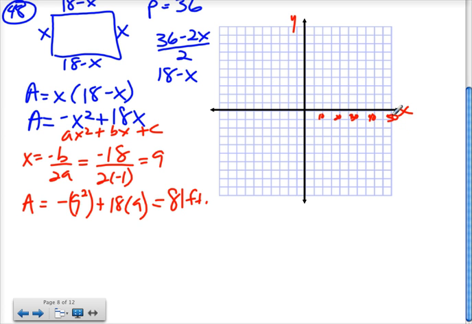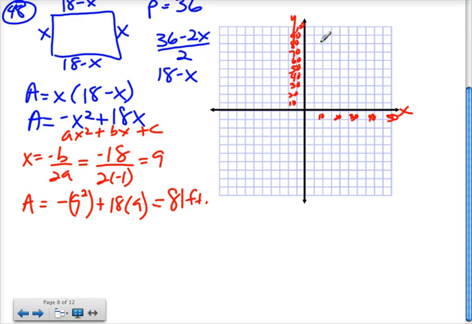So I'm just marking the 10, 20, 30, 40, 50. And then go up by 10s for my y's. All right. So the vertex for this one is at 9, 81.